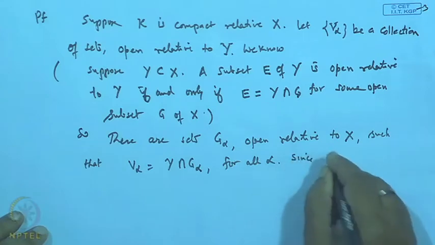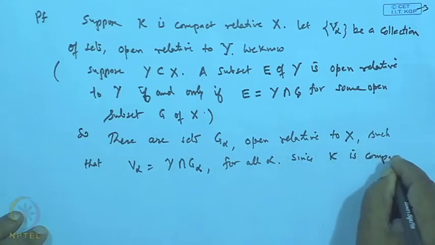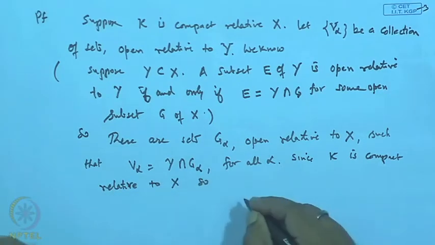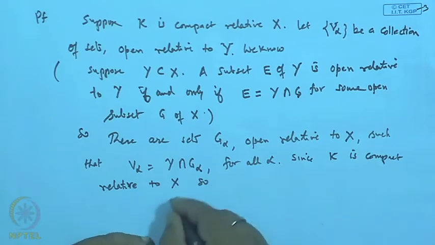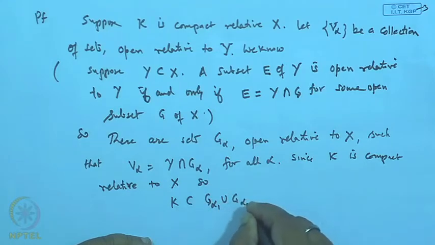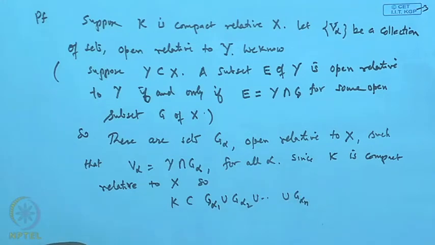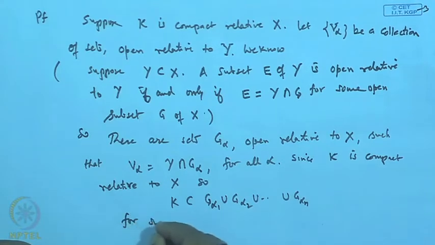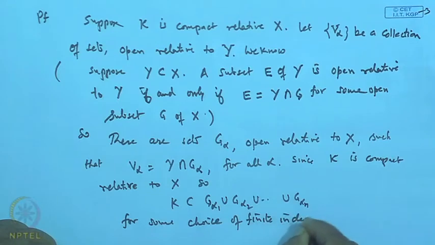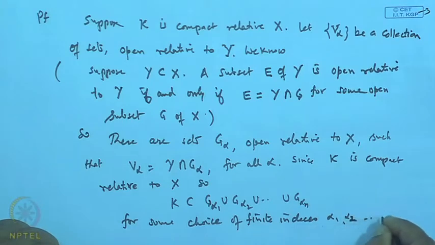Since K is compact relative to X, K will be contained in a finite union of these open sets G alpha 1, G alpha 2, G alpha n, for some choice of finitely many indices alpha 1, alpha 2, alpha n.